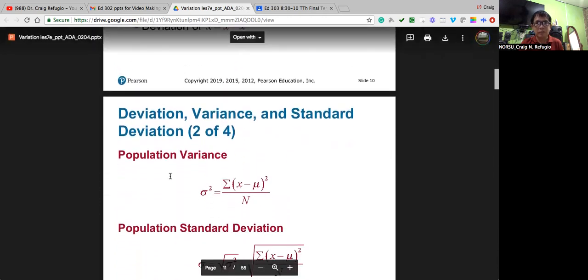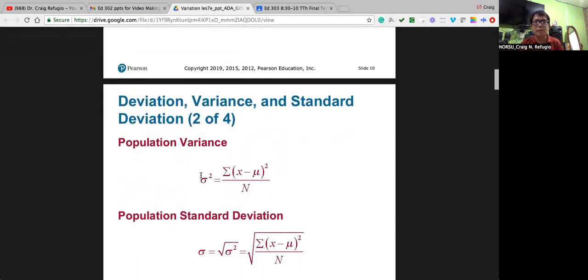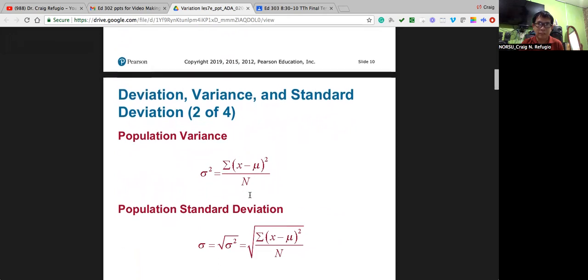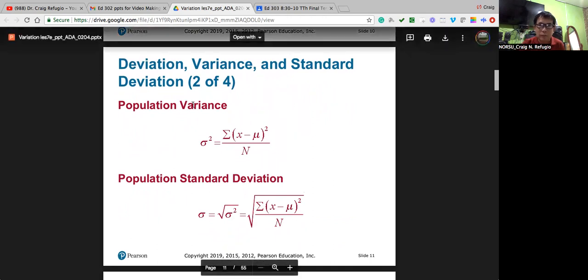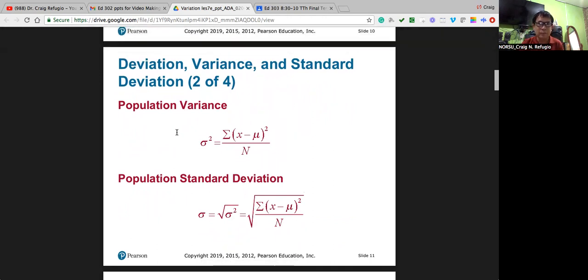So we have the population variance, sigma squared, equal to the summation of the quantity x minus mu squared, divided by capital N. And the population standard deviation, sigma, is equal to the square root of sigma squared, or the square root of the summation of the quantity x minus mu squared divided by capital N. So sigma squared is the population variance, and sigma is the population standard deviation.